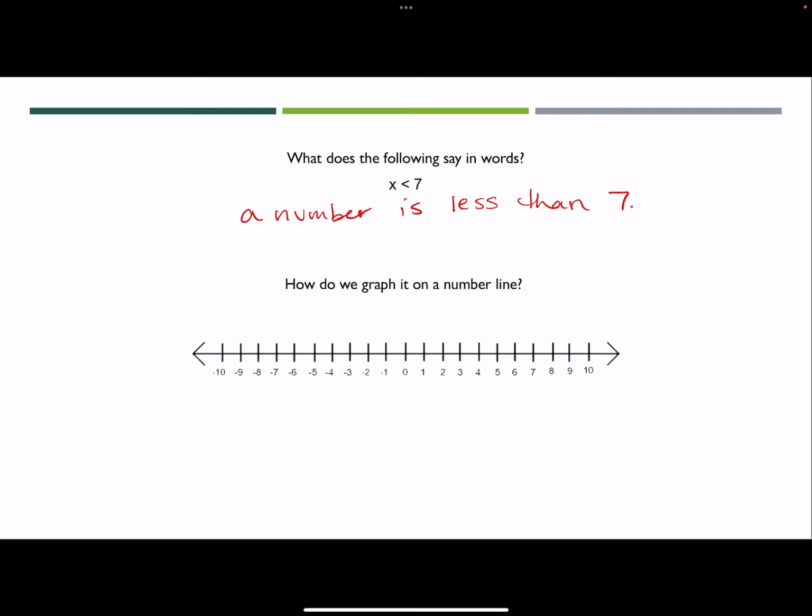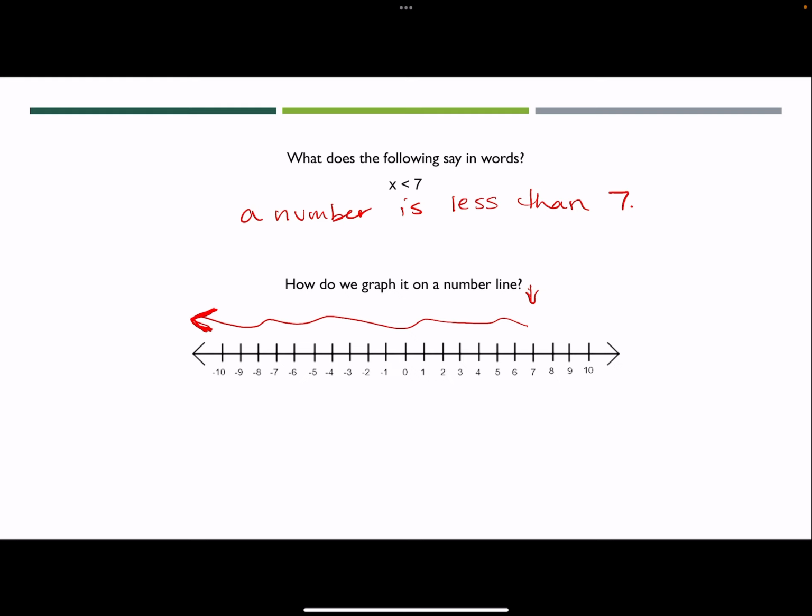So to graph this on the number line, we start at 7 and we would shade everywhere below. And we would want this to go all the way down to negative infinity. So we put that arrow on the end. But here's my question. Where does this stop over here on the right hand side? Does it stop at 6?